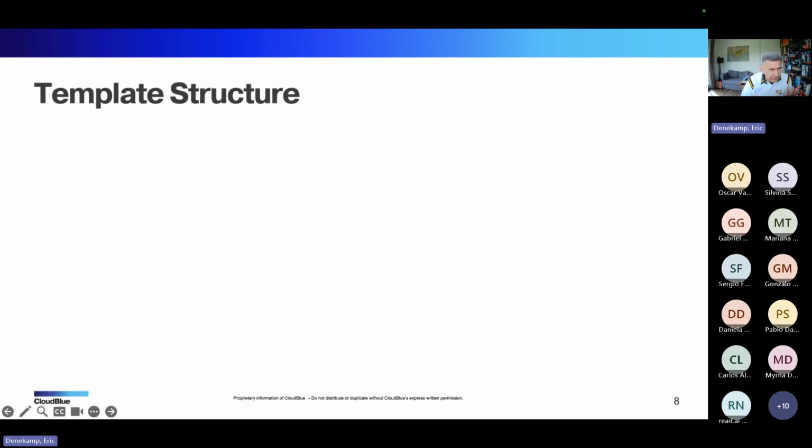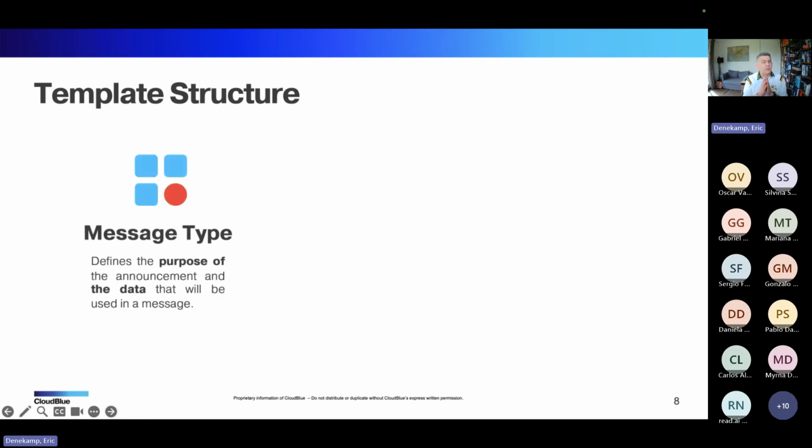Well, there is a structure there. We start with what message type we are talking about. So how will these messages be used? Because if we assign a message to something, we don't want to show a list of, let's say, hundreds of messages. We just want to show you the list of relevant messages.